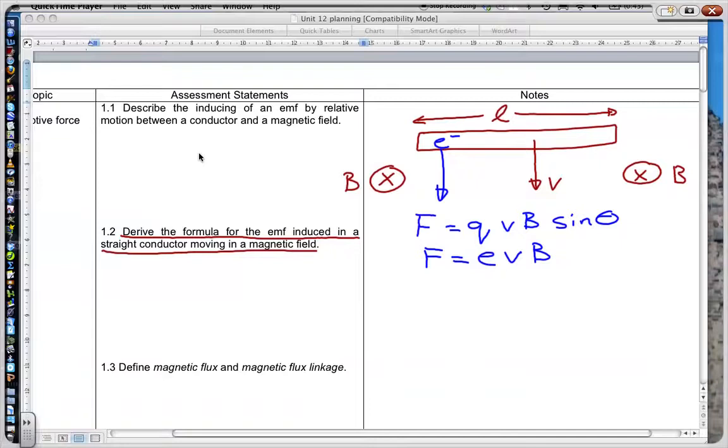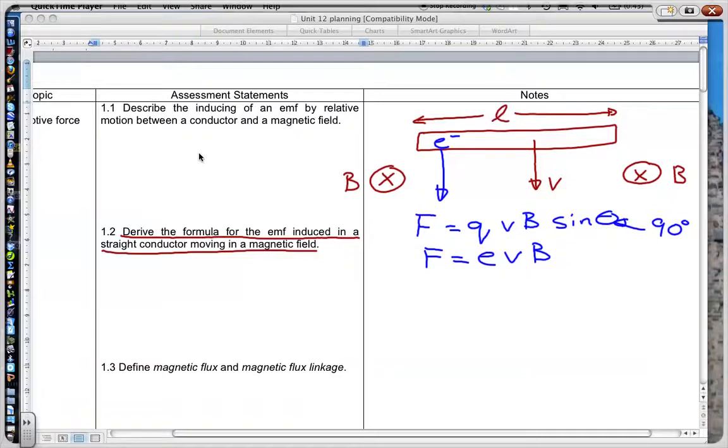And because the magnetic field is at 90 degrees to the velocity, this theta is 90 degrees, and therefore the sine of theta is equal to 1. So we have got that.